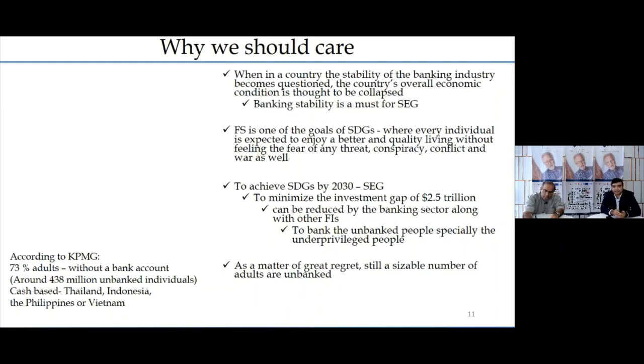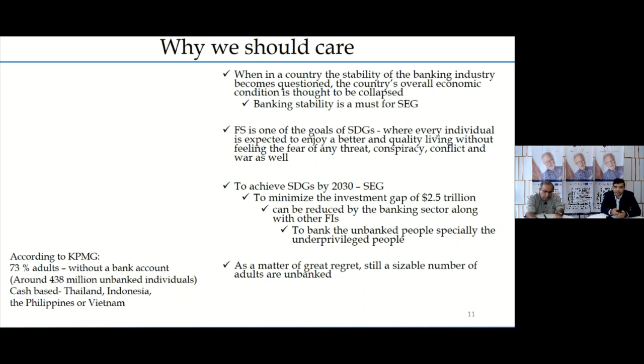And financial stability or sustainability is one of the goals of the SDGs, where every individual is expected to enjoy better and quality living without feeling the fear of any threat, conspiracy, conflict, and war as well. So in order to achieve the SDGs by 2030, sustainable economic growth is a must, as we know that there is a huge investment gap of 2.5 trillion to get that achievement. So it can be minimized through the banking sector along with other financial institutions.